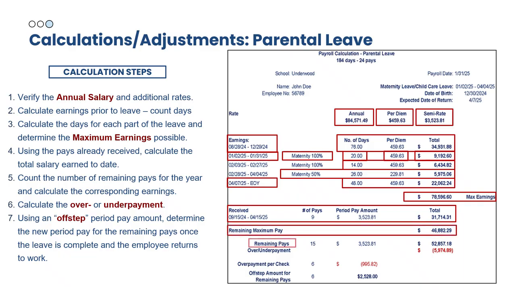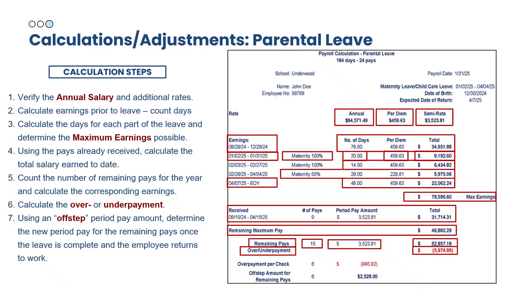We then multiply your remaining number of pays by your period pay amount to obtain your actual remaining pay for the year. The difference of these figures is the amount of the adjustment owed to payroll.